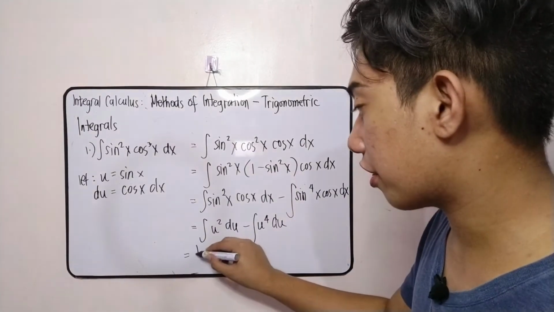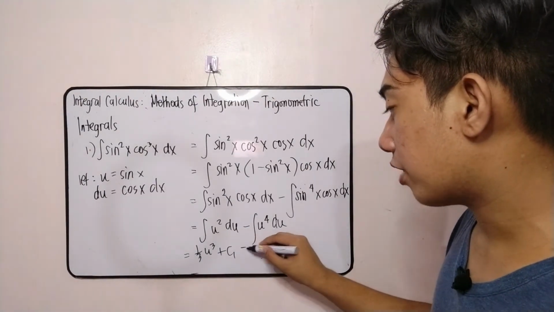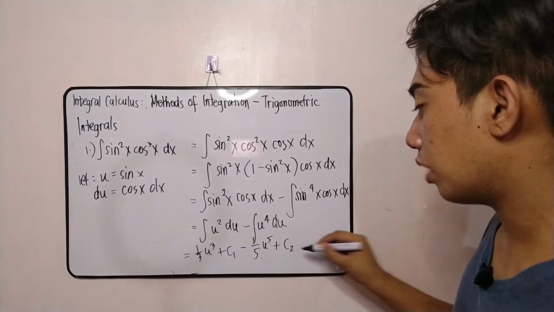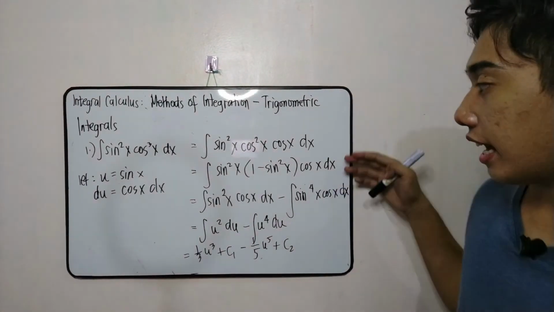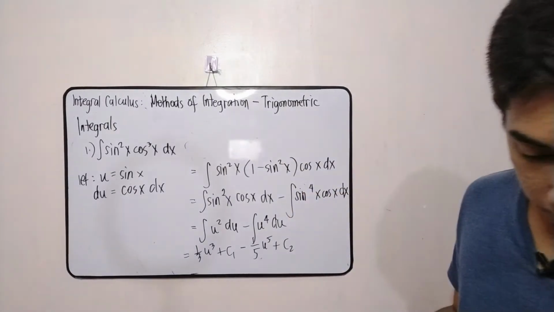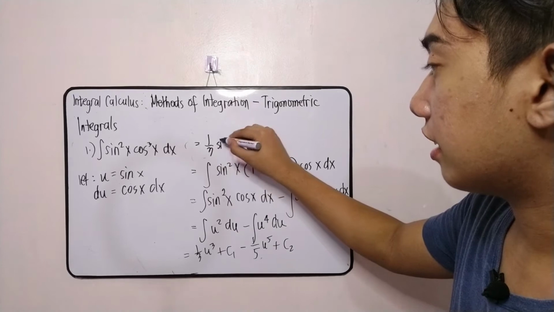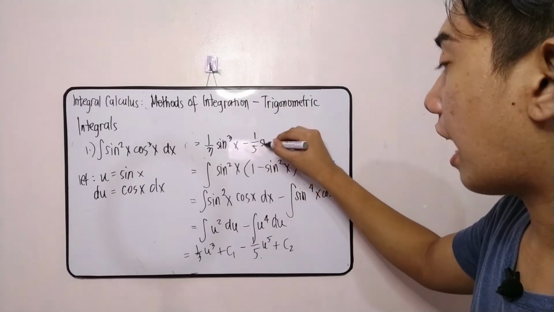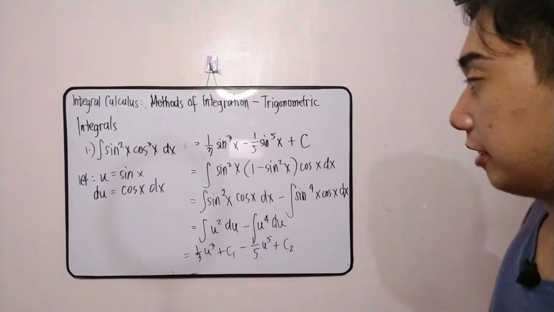So, this becomes 1/3 u cubed plus c sub 1 minus 1/5 u raised to 5 plus c sub 2. Adding these terms will be constant. And the final answer will be 1/3 sine cubed x minus 1/5 sine raised to 5x plus c.